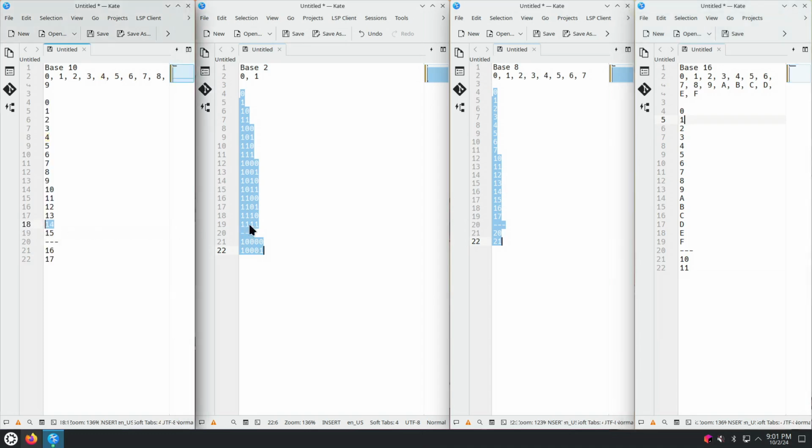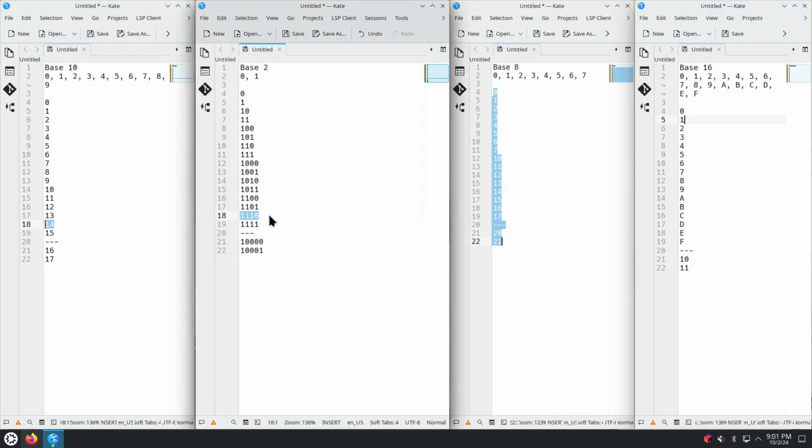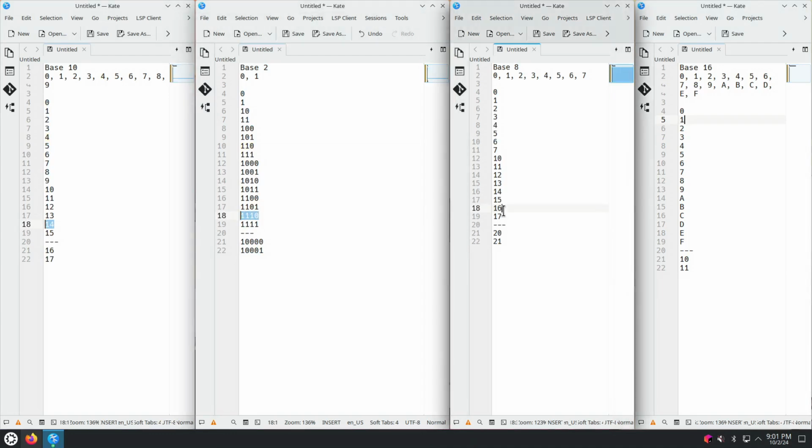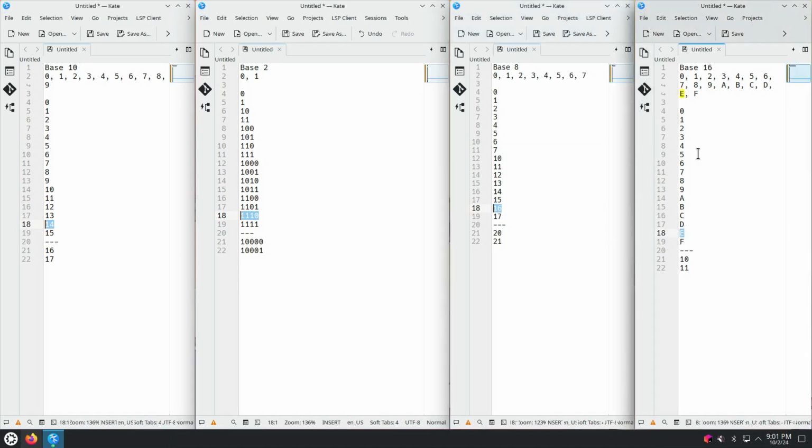14 in base 10 is 1110 in base 2, is 16 in base 8, and is E in base 16. Do repeat until you get to the point where, without looking up, without using any tool, you are able to compute all of these things by hand yourself.